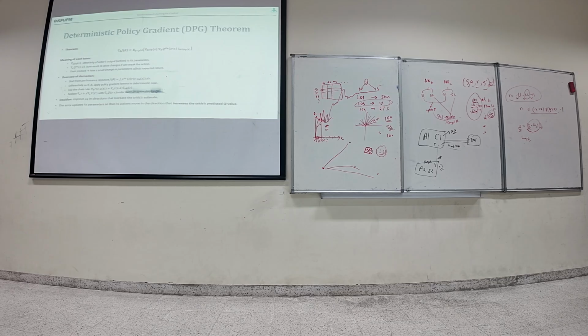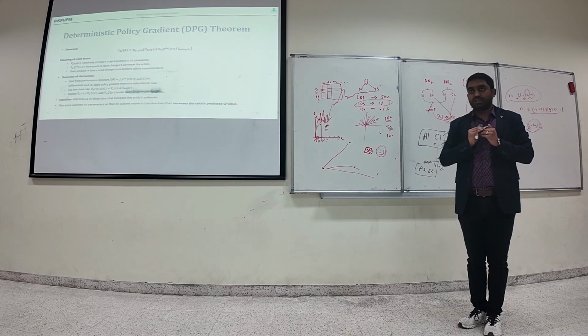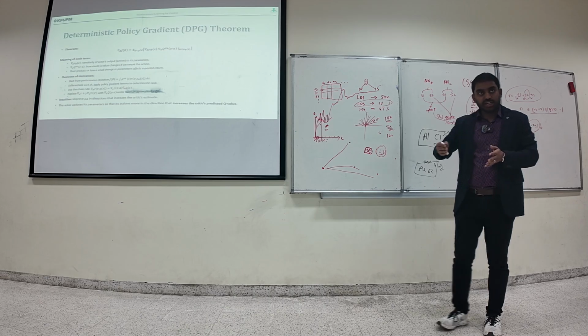And here is a very important thing that you have to keep in mind. The actor parameters are changed in the direction that increases the critic's estimate, or rather increases the accuracy of the critic's estimate, implying the actor is heavily reliant on the critic's estimate of the value function. What is a value function? It's an expectation, right?